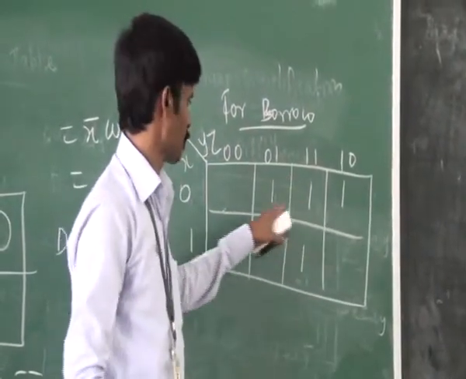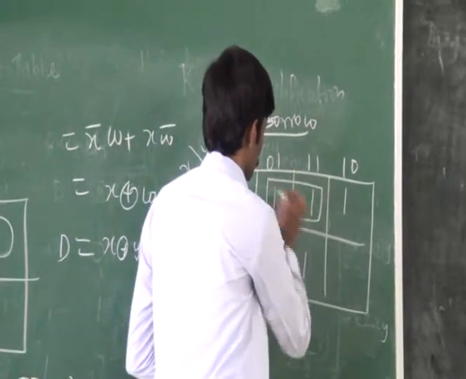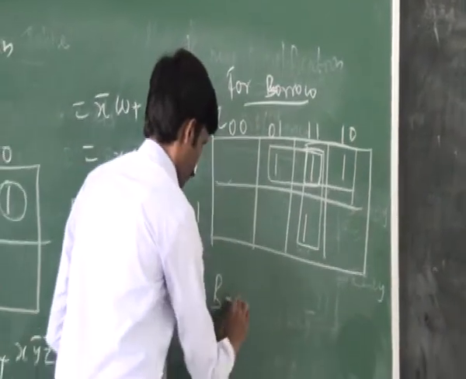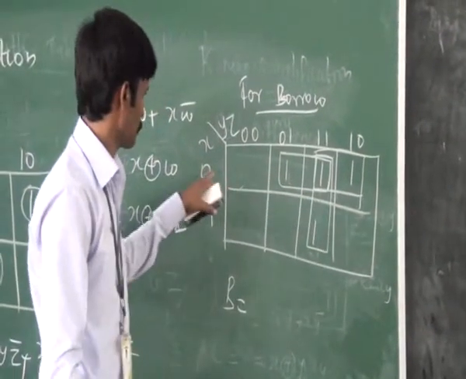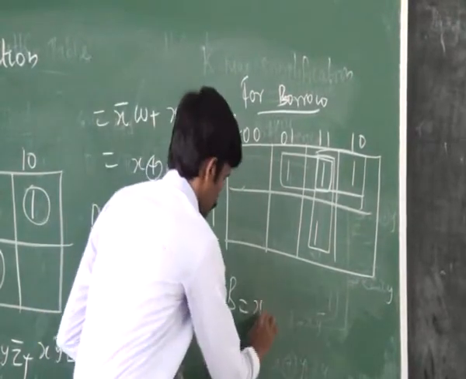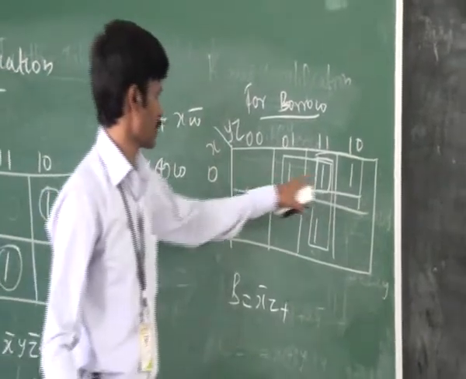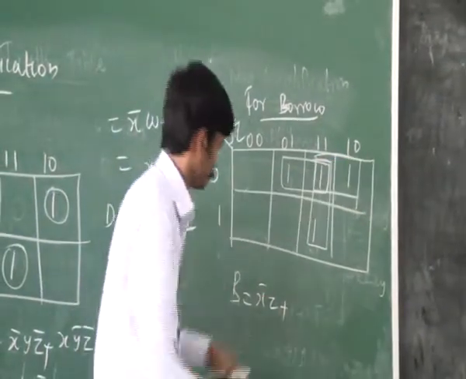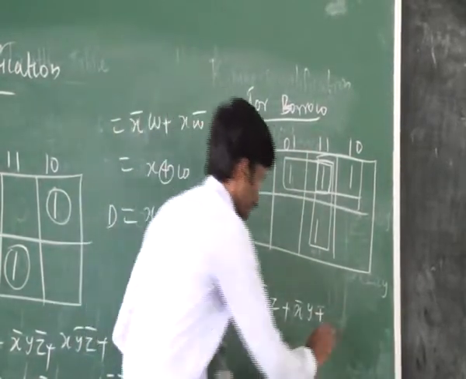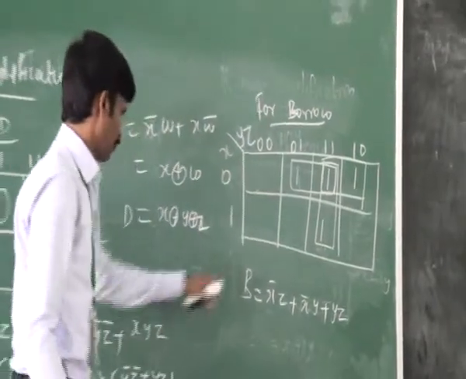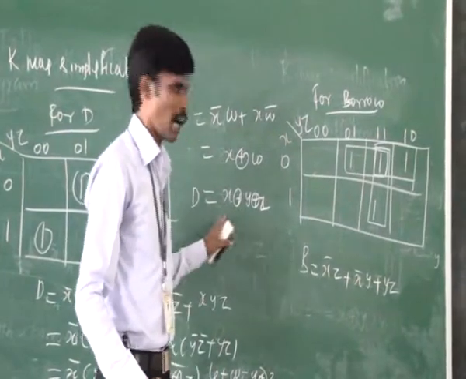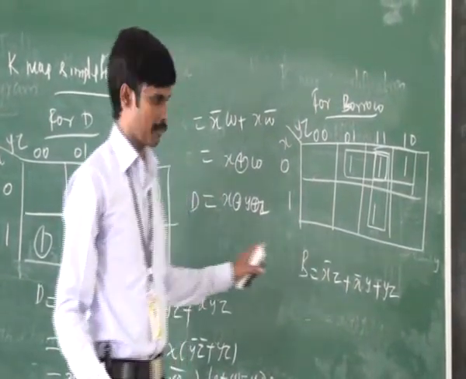In this K map we have 3 possible groups. The first group represents x bar z. Then the second group represents x bar y. Then the third group represents y z. Now we have the Boolean expressions for difference and borrow. By using these two expressions we have to draw the logic diagram for full subtractor.